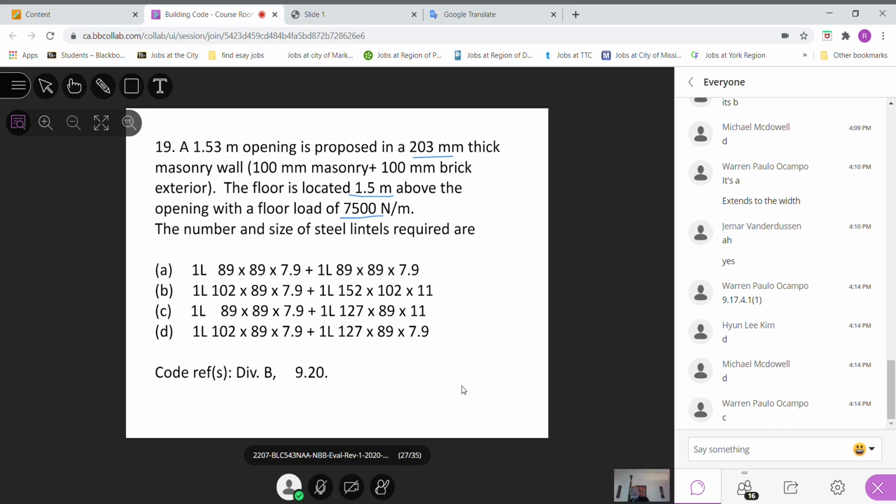And the question is the number, the size of lintels. So in 9.20, we get that from a table in 9.20 to determine the size.